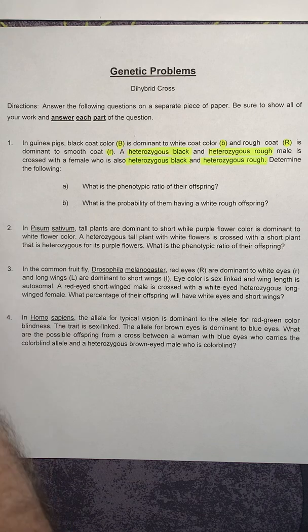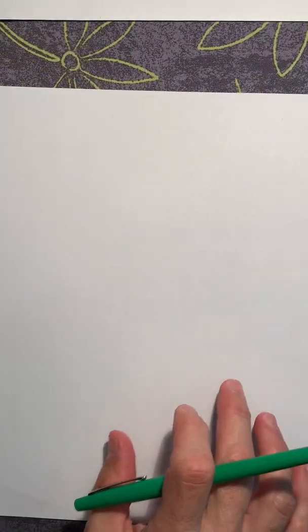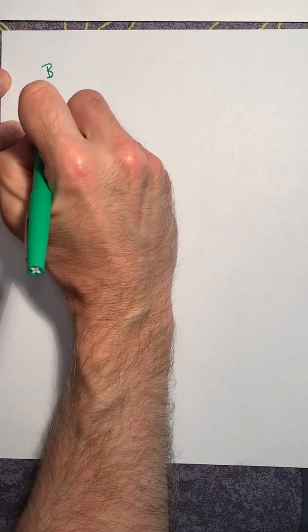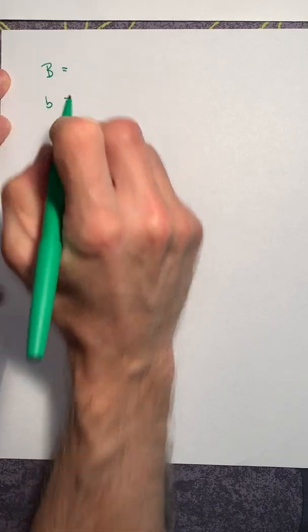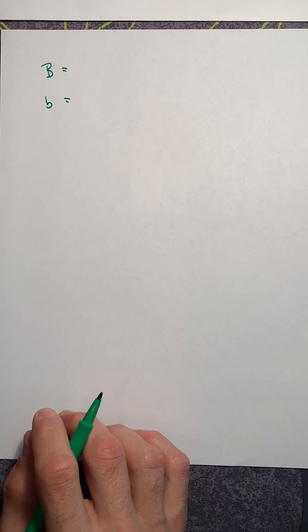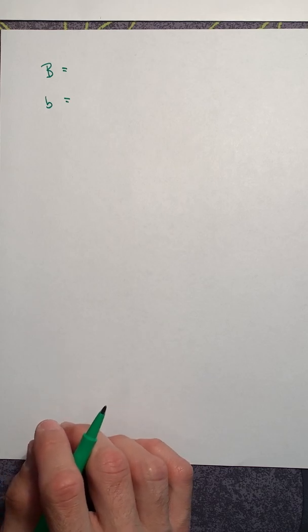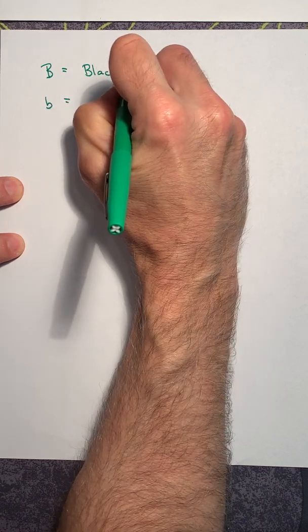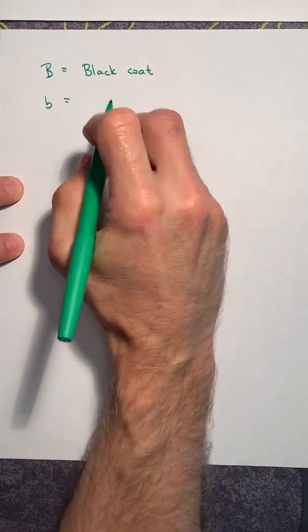We can do this. So now that we've read through the problem and dissected the problem, let's define our alleles, and then figure out which alleles the parents offer to their offspring. So it gave us big B and little b. And it said that in guinea pigs, black coat color is dominant. So this is a black coat.